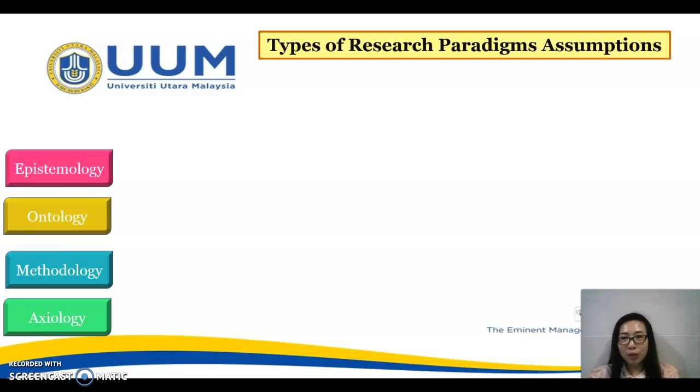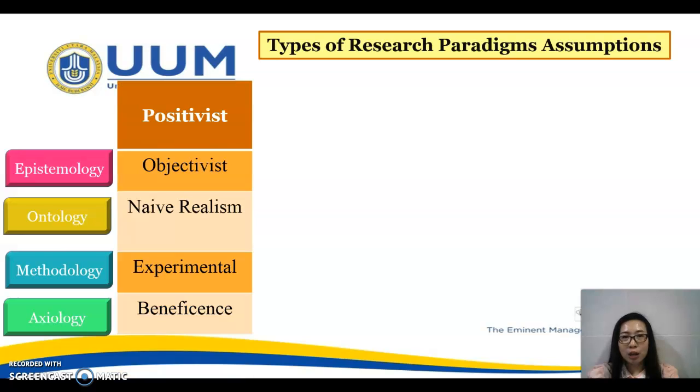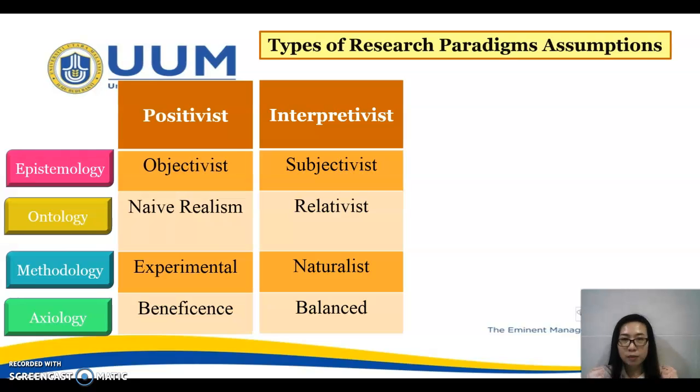I will describe briefly the different types of research paradigm assumptions. Okay, the first one, which is the positivist paradigm. Its epistemology is said to be objectivist, its ontology naive realism, its methodology experimental, and its axiology is beneficial.